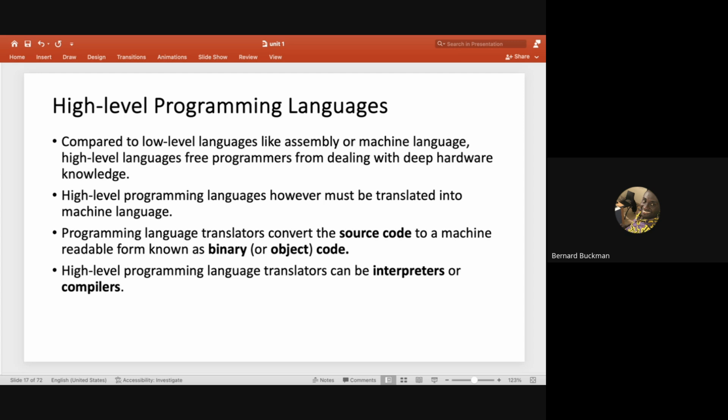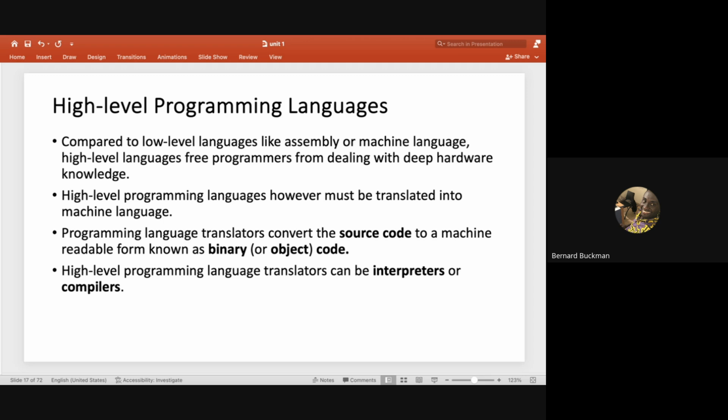Okay. So there are two main kinds of language translators: we have the interpreters, and then we have the compilers. An interpreter is a type of language translator which takes the statements and tries to execute them just as you have written them.